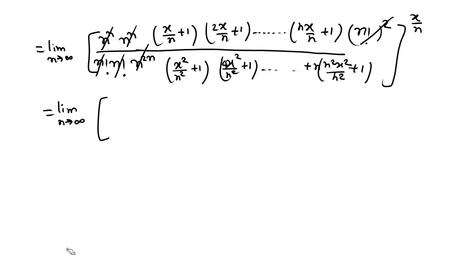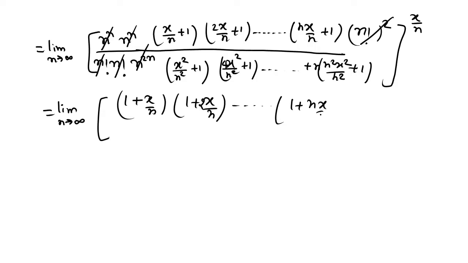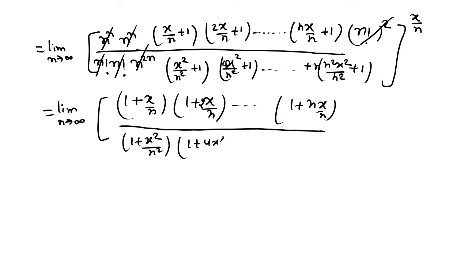Let me write it simply: (1 + x/n)(1 + 2x/n) and so on up to (1 + nx/n), divided by (1 + x²/n²)(1 + 4x²/n²) and so on.